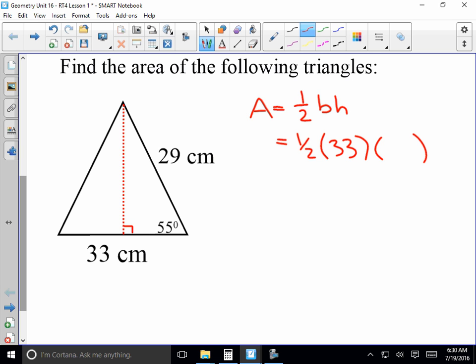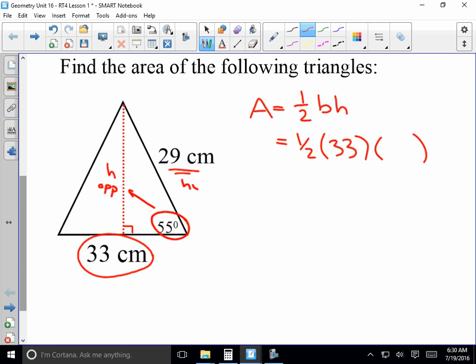So in this case, we can find the height of the triangle using our right triangle trig functions. So we want to find the height given the hypotenuse. We don't want to use this base measurement because we don't know if that measurement is being cut exactly in half. So from our 55-degree angle, we know that the h is the opposite.